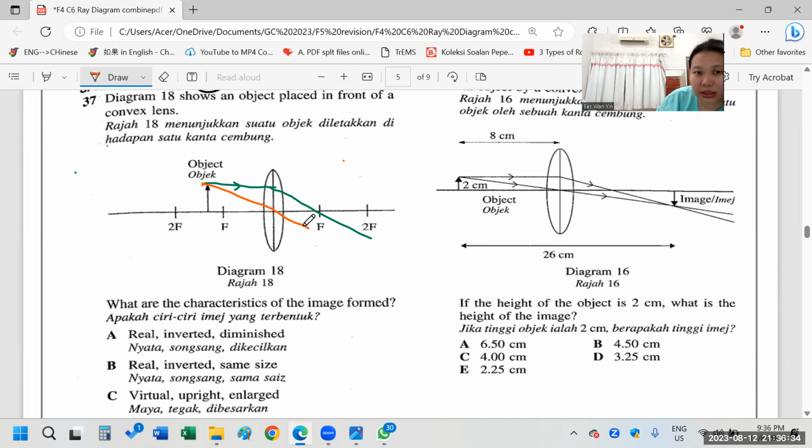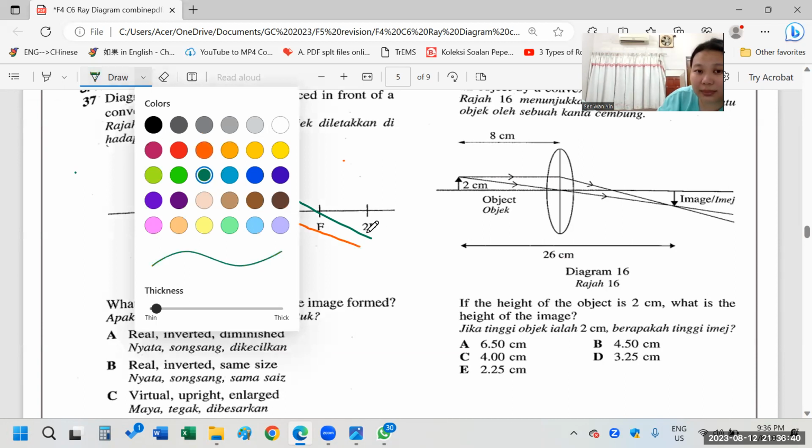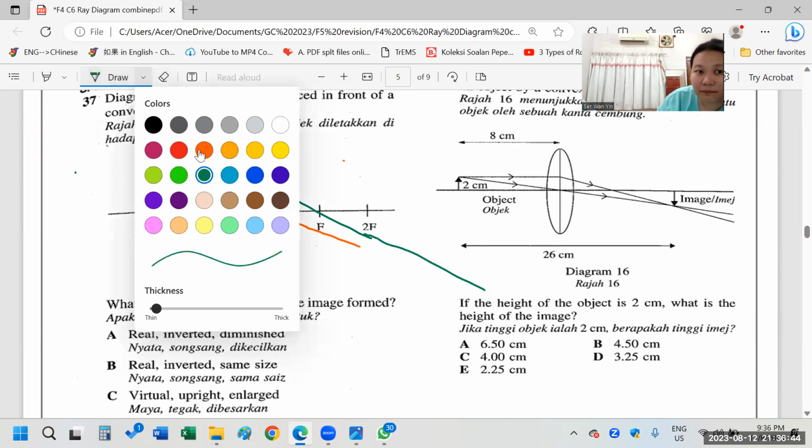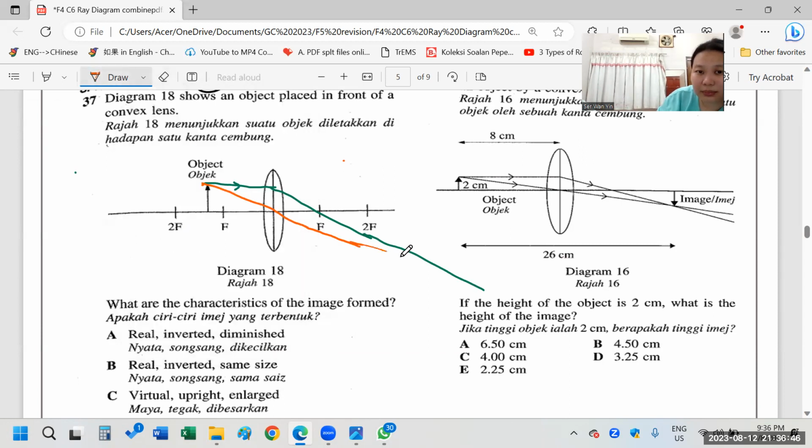Actually, you can see they are closing. So you just extend them. Use ruler, extend, extrapolate them.